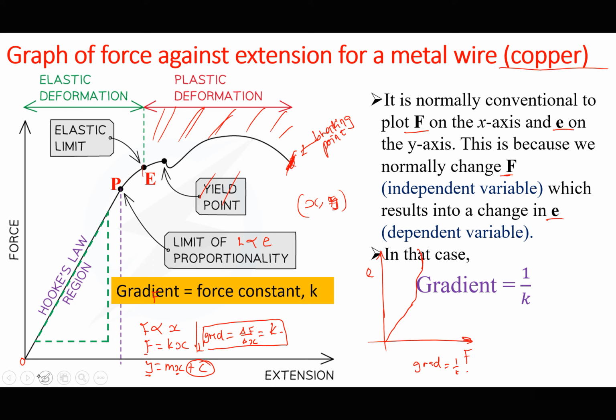So beyond E, the molecules which make up the material slide past each other to new positions, and the material is said to be permanently deformed. So the deformation is considered irreversible.